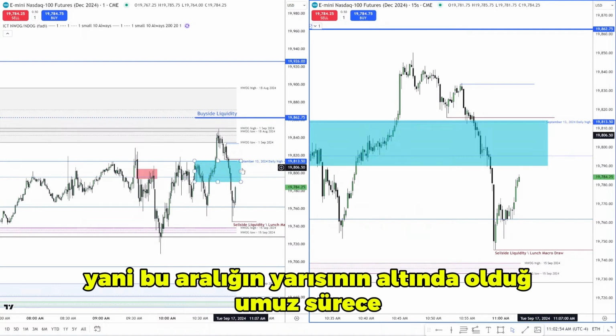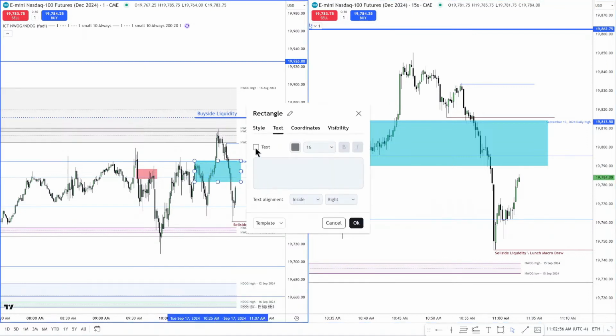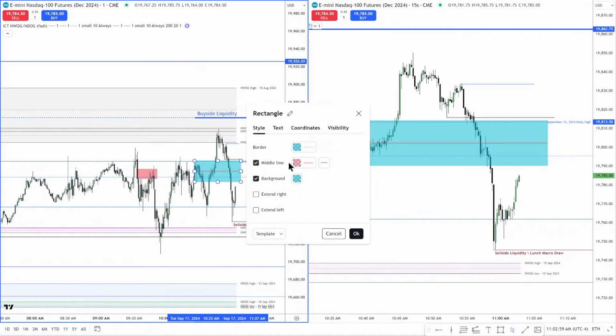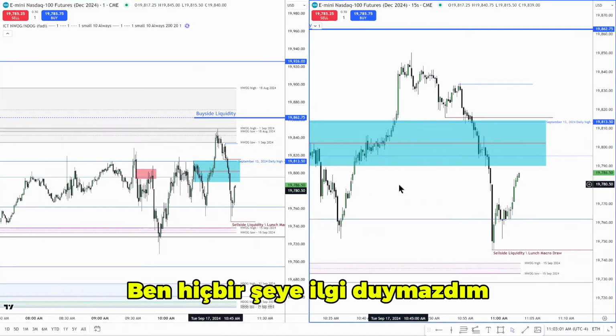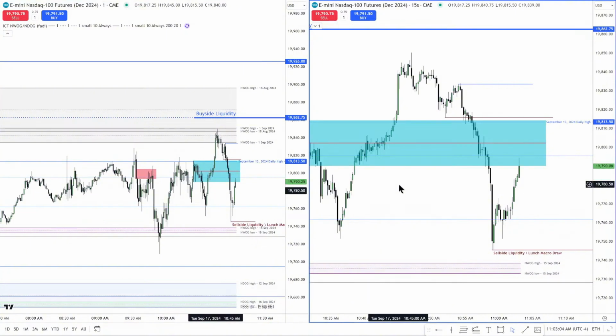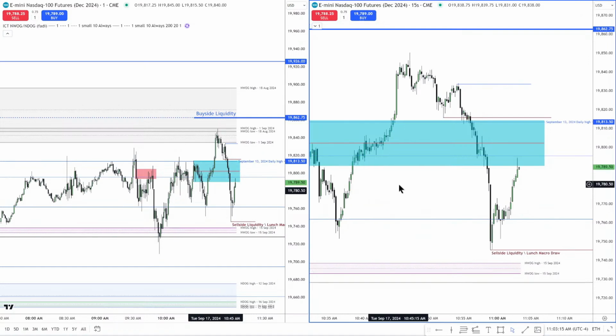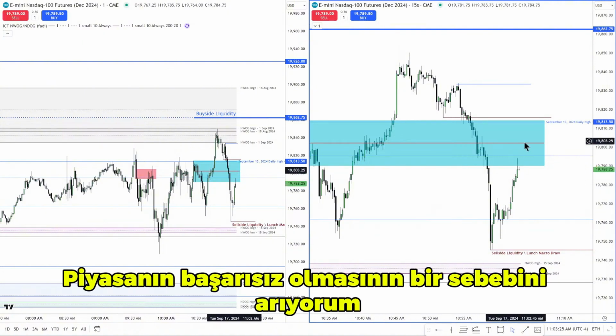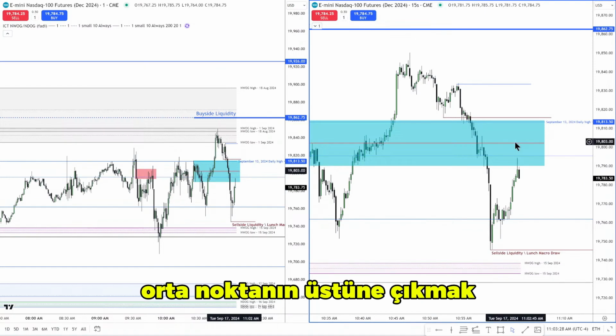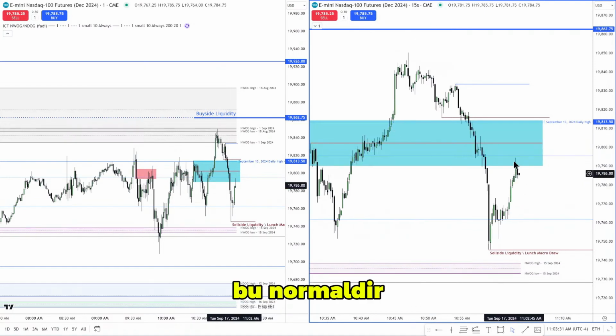So as long as we're below half of this range, I wouldn't be interested in anything long. What I'm saying is I'm looking for some reason for the market to fail to get above the midpoint. It can trade where it's at here. That's normal. It can trade right up to it.